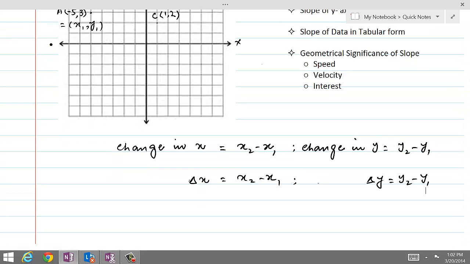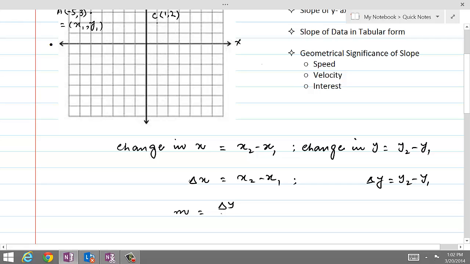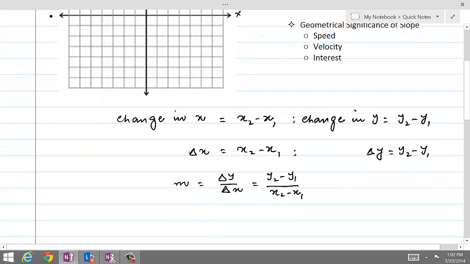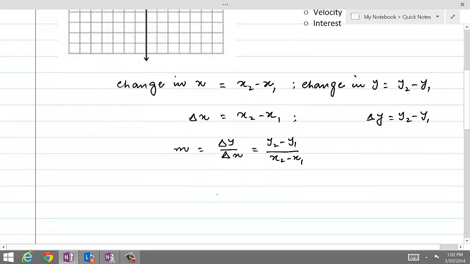Now we have the formula for slope m, which is equal to delta y over delta x, in fact equal to y2 minus y1 over x2 minus x1. So if you are given coordinates, you can just substitute the values and get the answer.